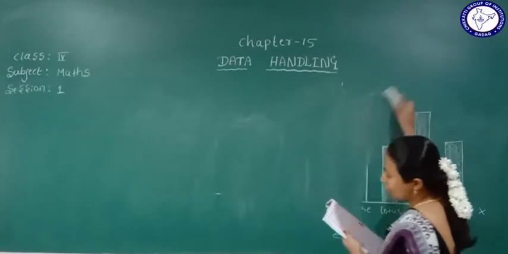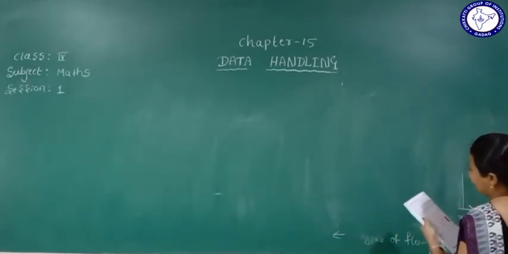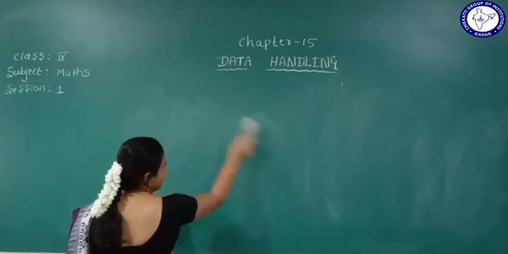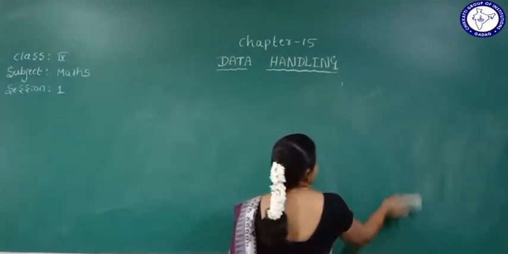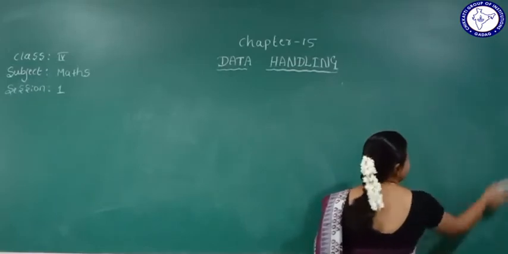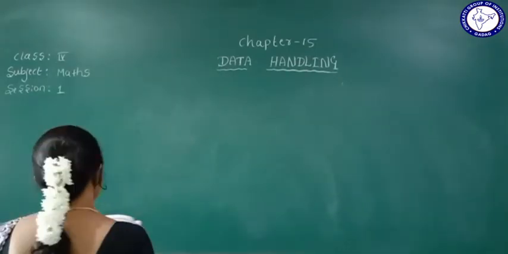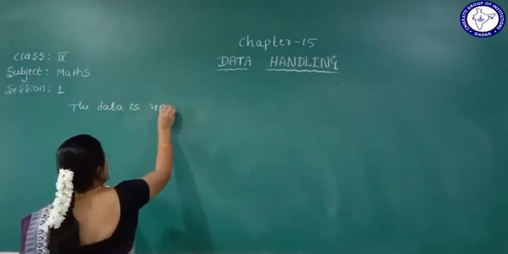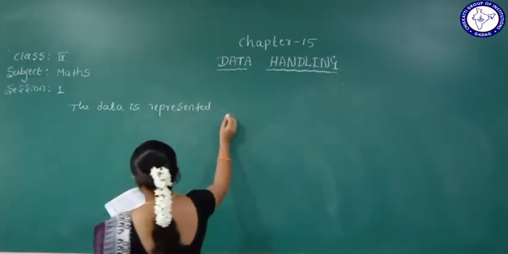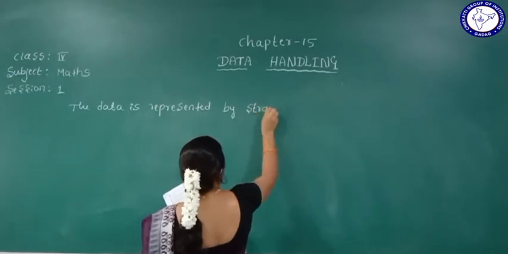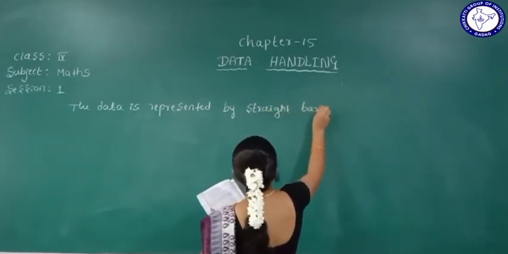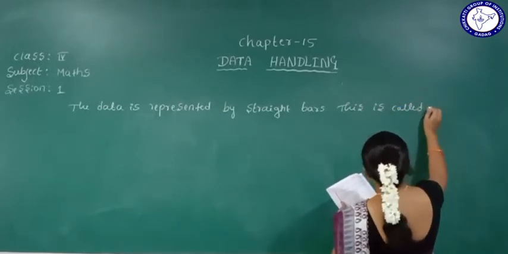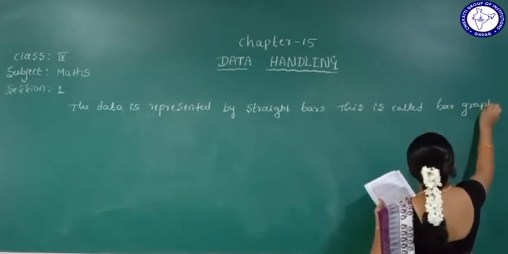A bar graph means the data is represented by straight bars. This is called a bar graph. Understood? I'll write here: the data is represented by straight bars. This is called a bar graph.